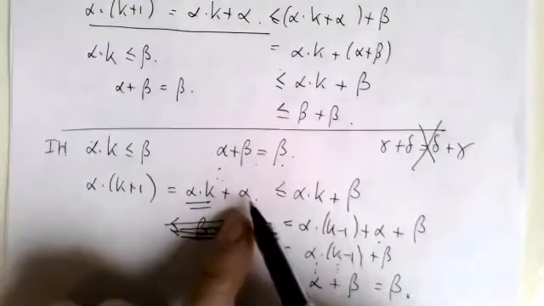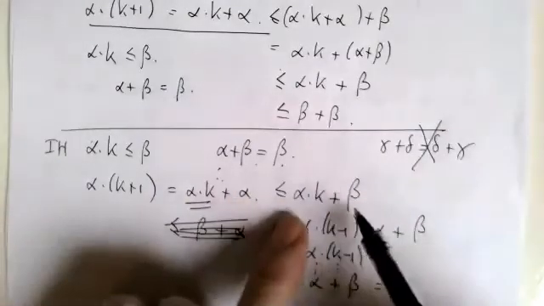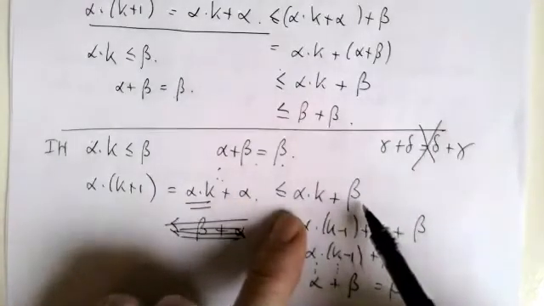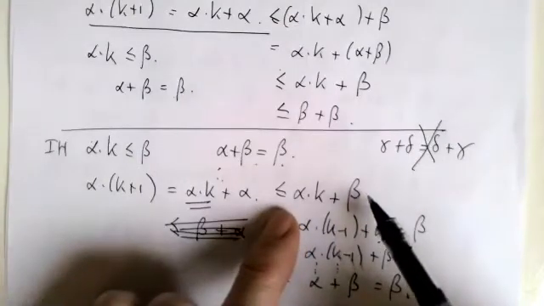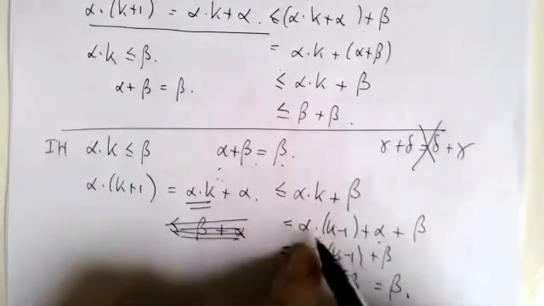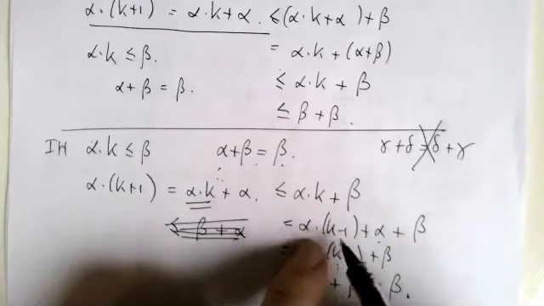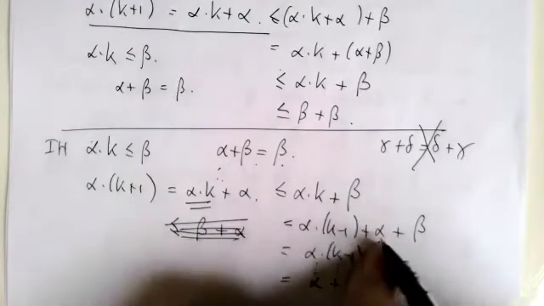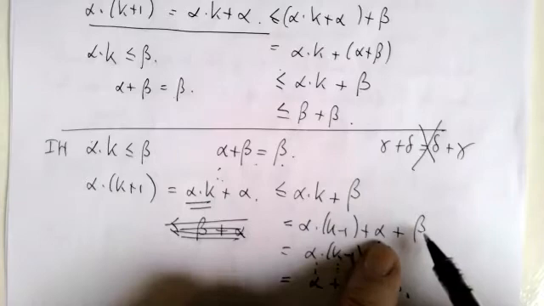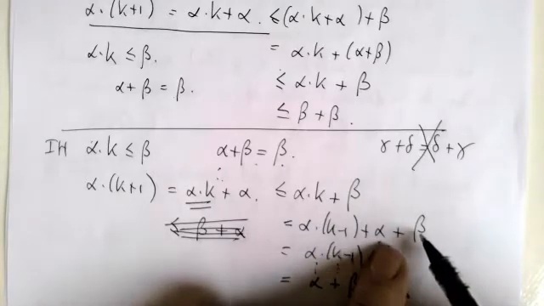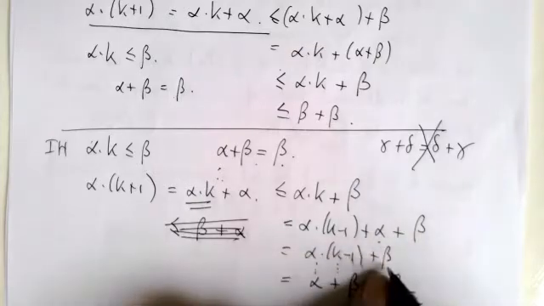Okay, but alpha is less than beta, so this inequality is true here. But I'll take out one of these alphas, so I'll rewrite this as alpha times k minus 1 lots of alpha plus beta. And I know that alpha plus beta is beta. This is our hypothesis. So this just comes down to beta.